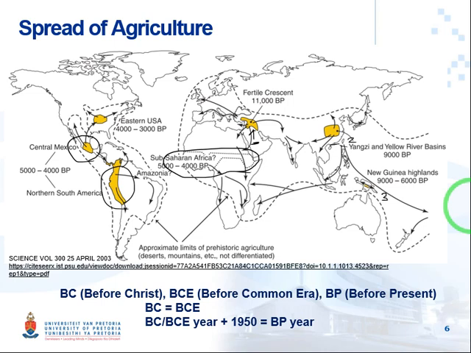The next independent origin of agriculture shown in this picture is in the eastern modern-day United States, around 4,000 to 3,000 BP. This one is the last one. Okay, let's go to the next slide.